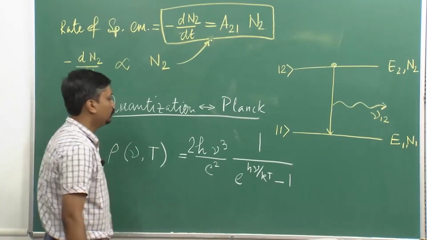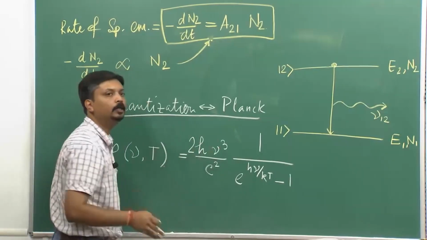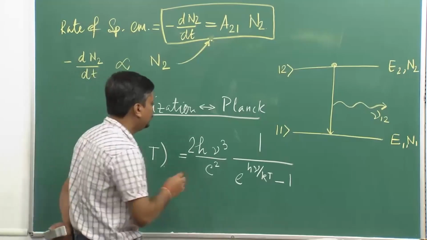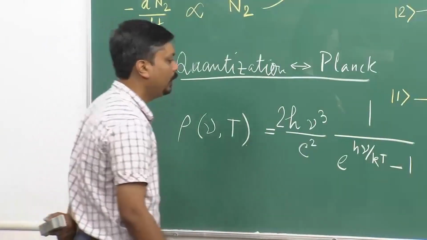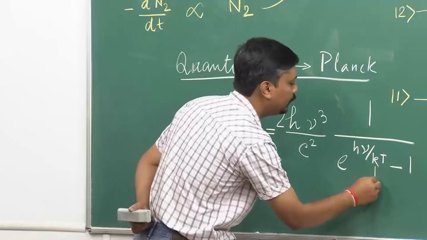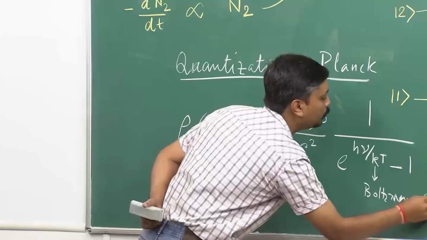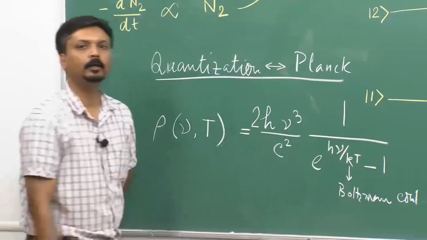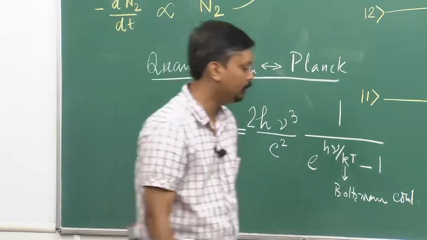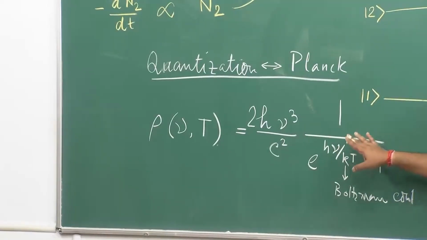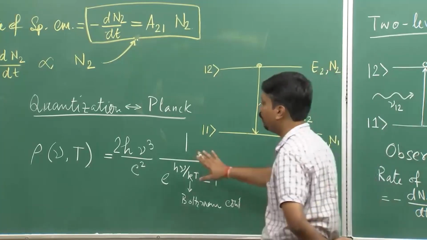What are these terms? h is the Planck constant, nu is the frequency of the light that we are considering, c is the speed of light, k is the Boltzmann constant, and capital T is the temperature. So you pretty much know what the different quantities on the right side are. He did it, and this could explain the black body radiation to quite a good extent at that point of time.